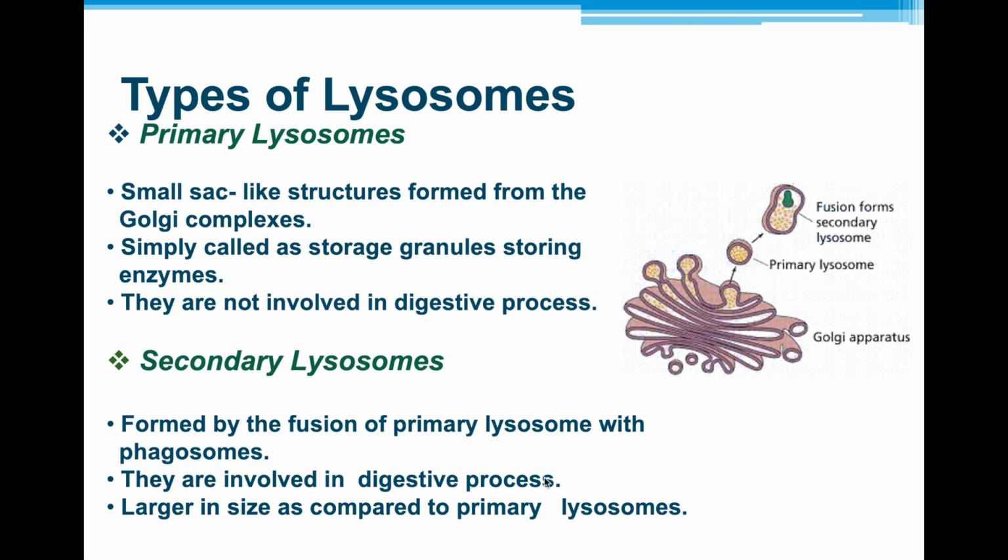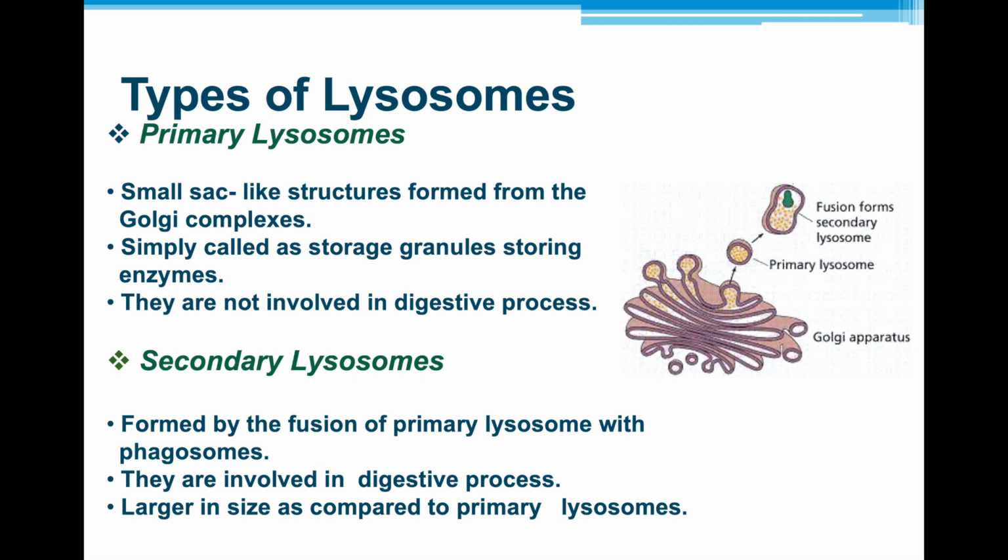Next is secondary lysosomes. Secondary lysosomes are formed when primary lysosomes fuse with phagosomes. The fusion also causes the previously inactive enzymes to be activated and capable of digesting biomolecules.